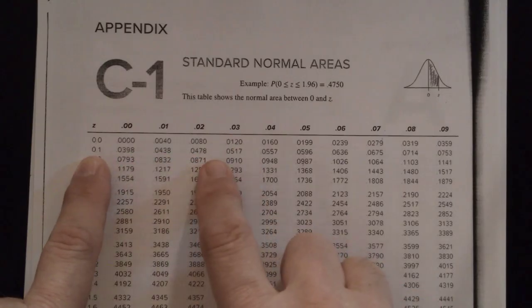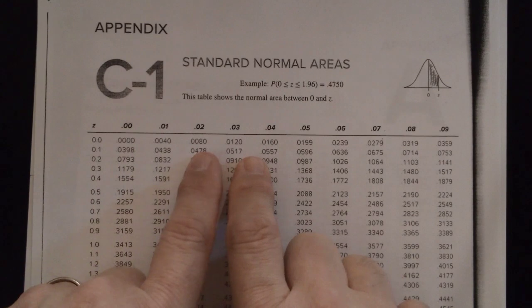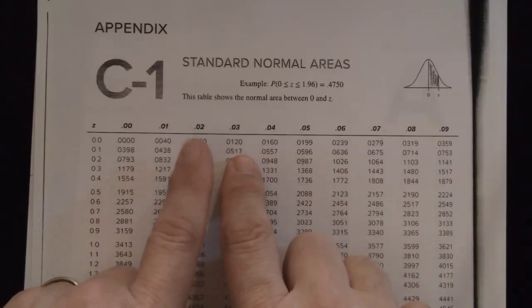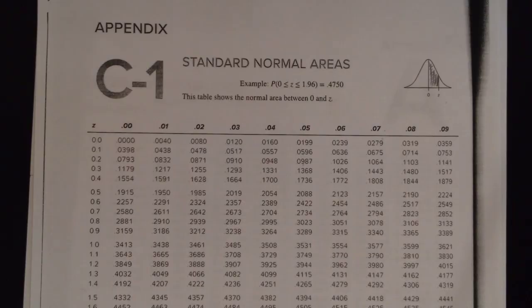So should it be 0.0125? Well, it's a little further to this side than it is to this side. The difference from 0.05 to 0.478 is more than the difference this way. It's 22 points this way. It's only 17 points that way. So maybe I should be a little further one way than the other.